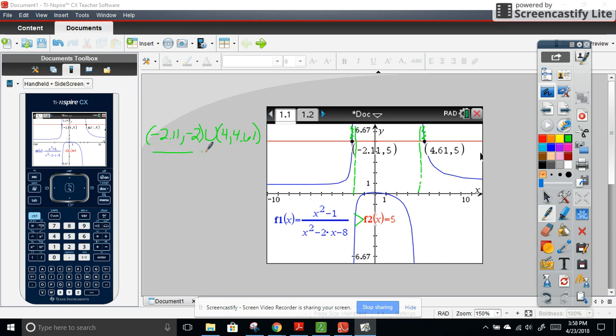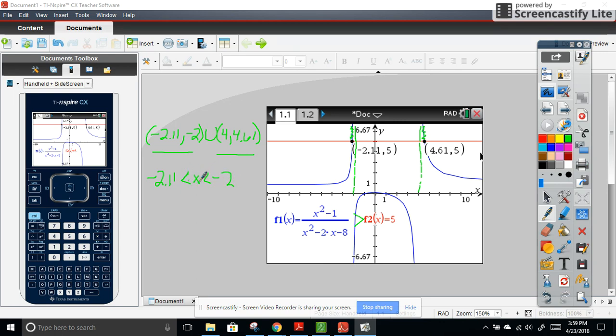Okay, again, this is interval notation. You may need to write this in inequality notation. If you did, it would just be negative 2.11 less than x, not equal to, because we don't have a bar, less than negative 2.